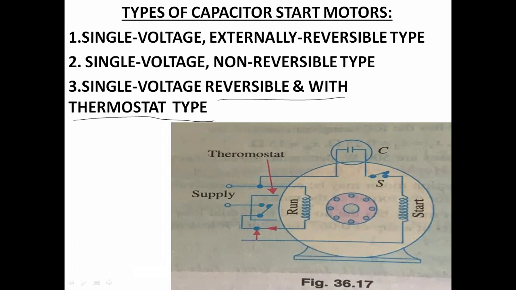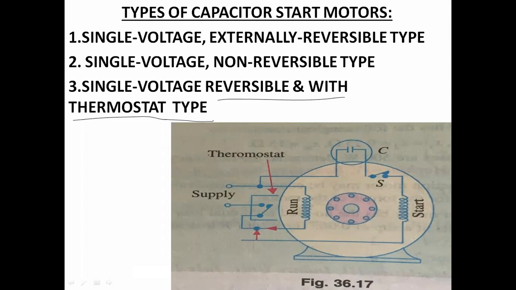It provides protection against overloads, overheating, and short circuits. What is this thermostat? It is nothing but a bimetallic element that will be connected in series with the motor, and it is often mounted on the outside of the motor.